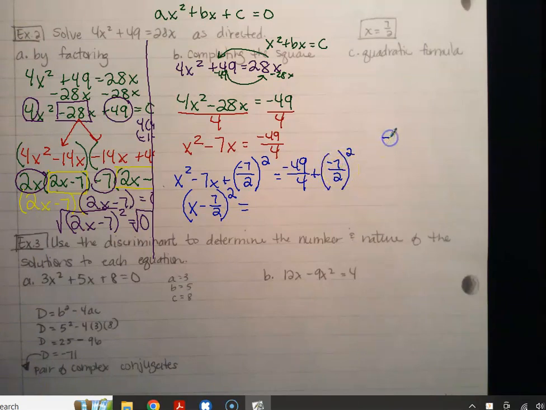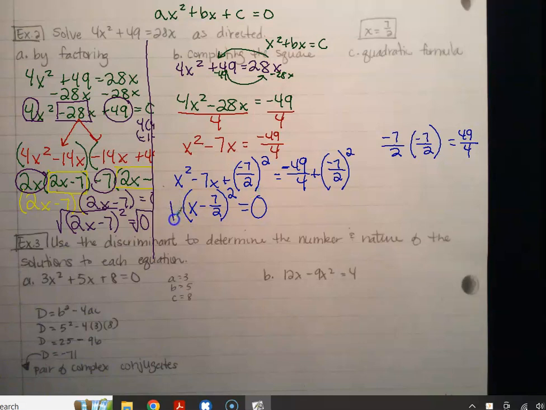Okay, so let's look at that math. Negative 7 halves times negative 7 halves would have been negative 7 times negative 7, it's positive 49. 2 times 2 is 4. So this is negative 49 fourths plus 49 fourths, so that equals 0. That's pretty glorious.